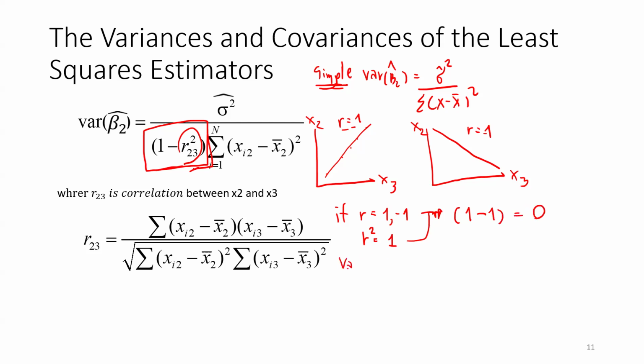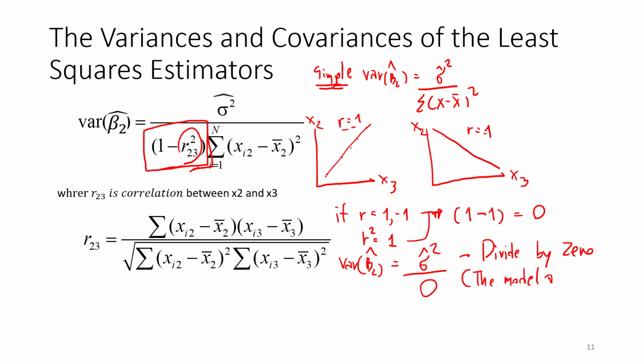So the variance of beta equals variance of error over 0. This means you will face division by 0. The model cannot find the answer.